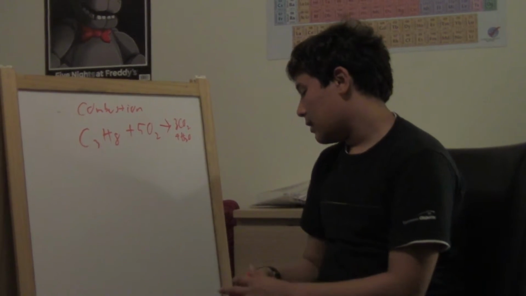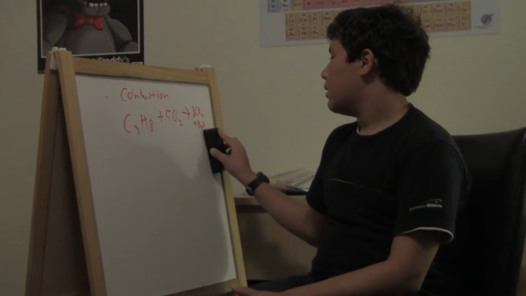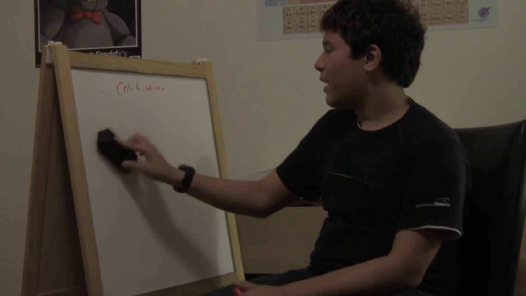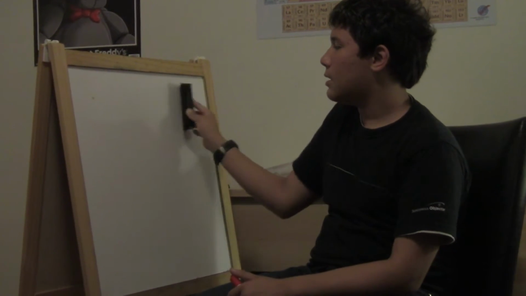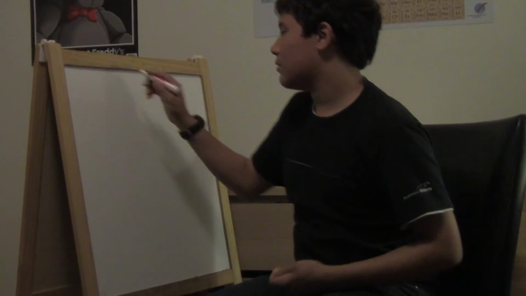And the next one is very ironic from what I said earlier that this is the simplest reaction. Well, guess what? This is actually one of the two simplest reactions you'll ever find in chemistry: synthesis reactions.